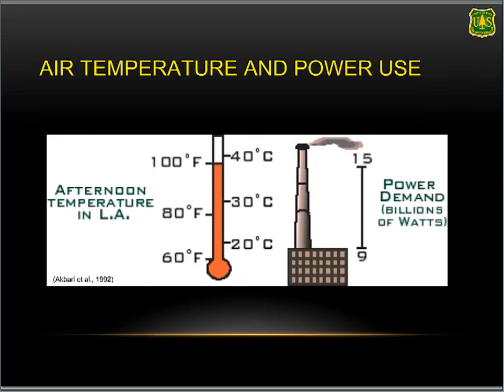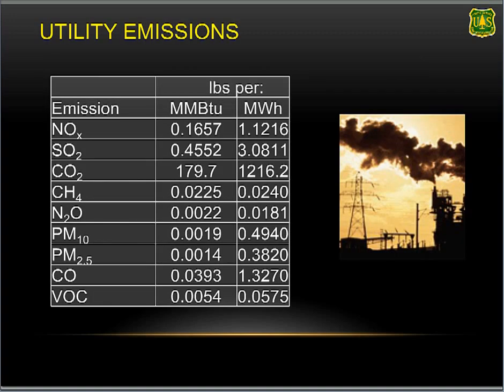It's not only related to CO2, just one other slide here. As temperature goes down, we reduce the demand from the power plants also. But this is not only related to CO2. You can see in this graphic, these are emissions of utilities per megawatt hour, which is electricity, and per million BTUs, which are related to heating.